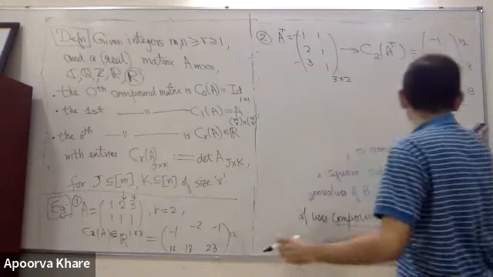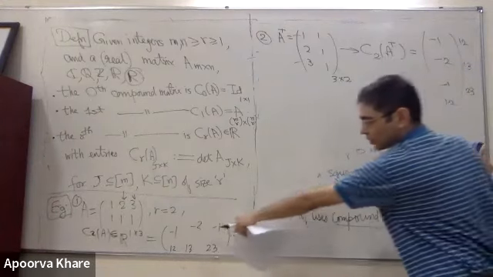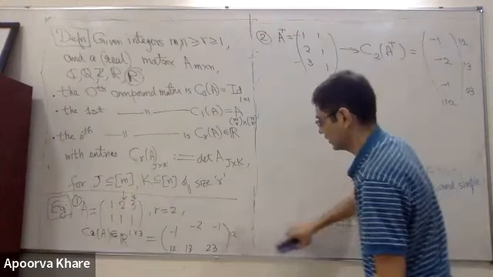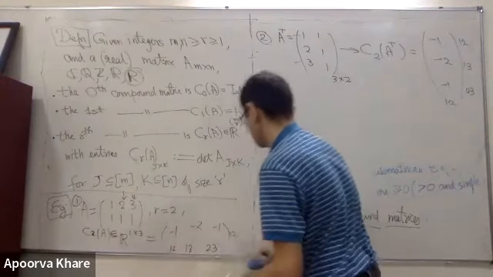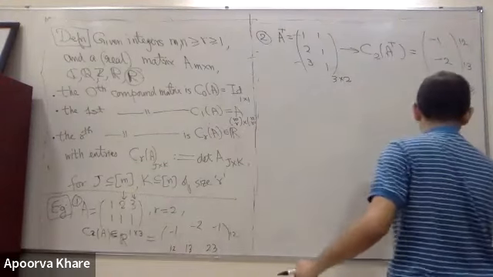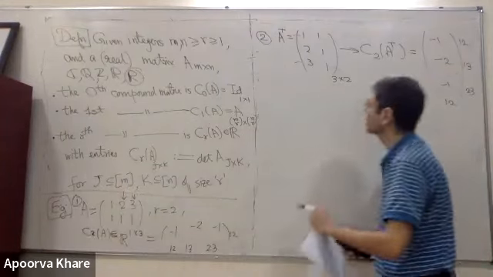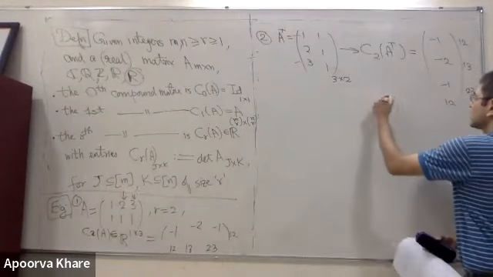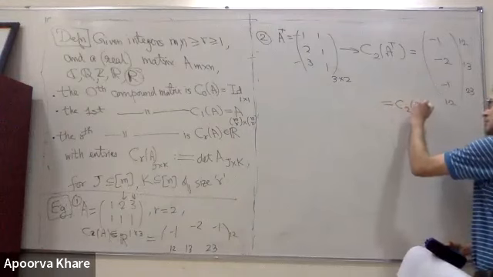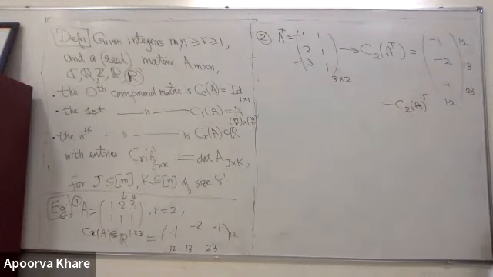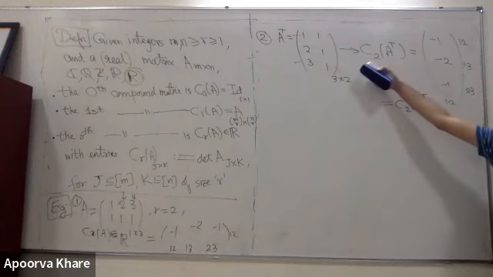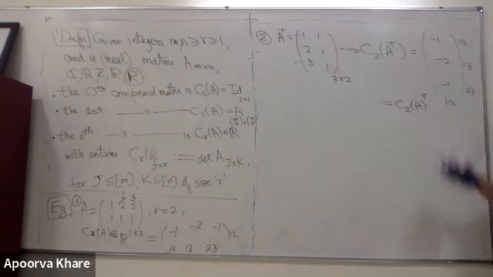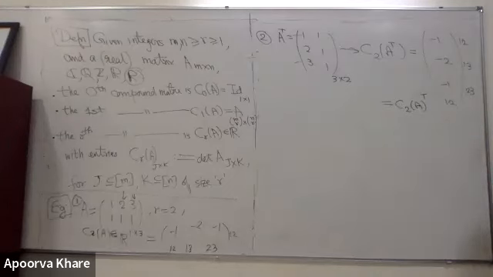How does this compound matrix connect to that compound matrix? Those are not entries, those are the indices, the coordinates. So this is exactly equal to the compound matrix of A itself, and then you take the transpose. Either you start with the transpose and then take the compound, or take the compound and then take the transpose, you get the same answer.